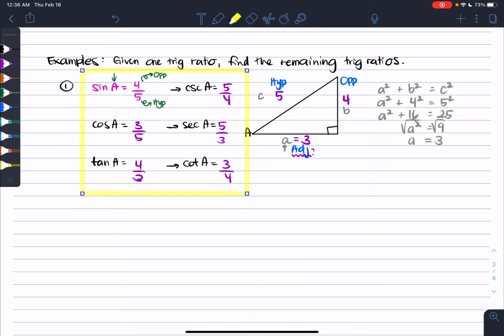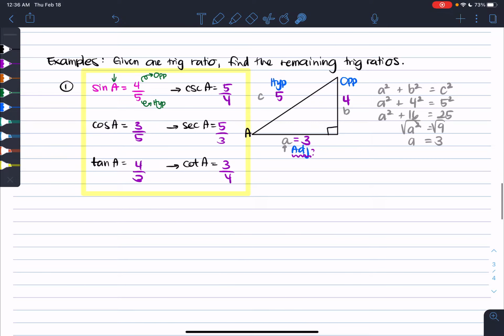So let's look at what just happened here. We were given the sine of A, and from that we included a right triangle and drew in the information where A is our reference angle, 4 was our opposite, and 5 was our hypotenuse.